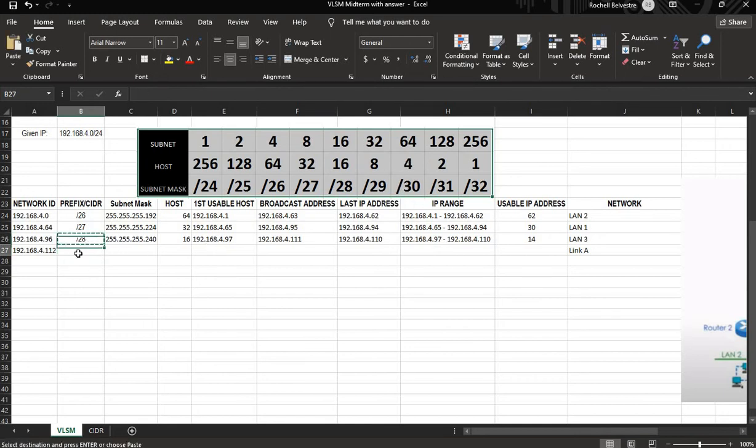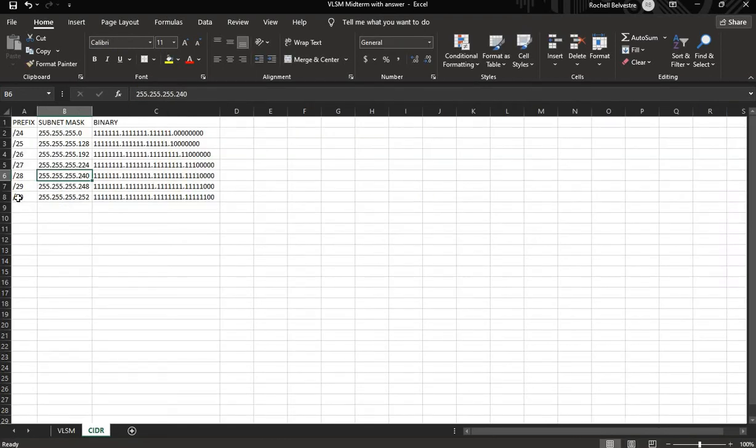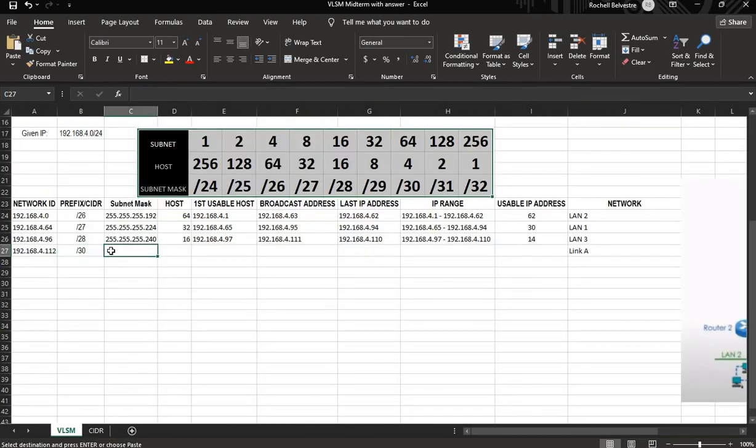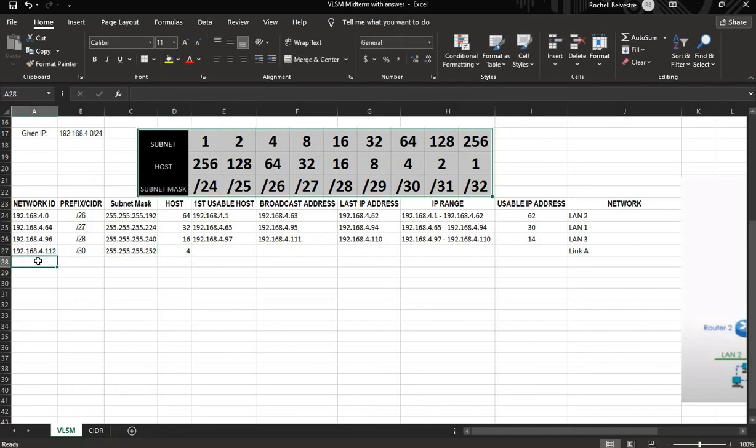/30 is equivalent to 255.255.255.252. The host count is 4. Of course, 112 plus 4 equals 116.